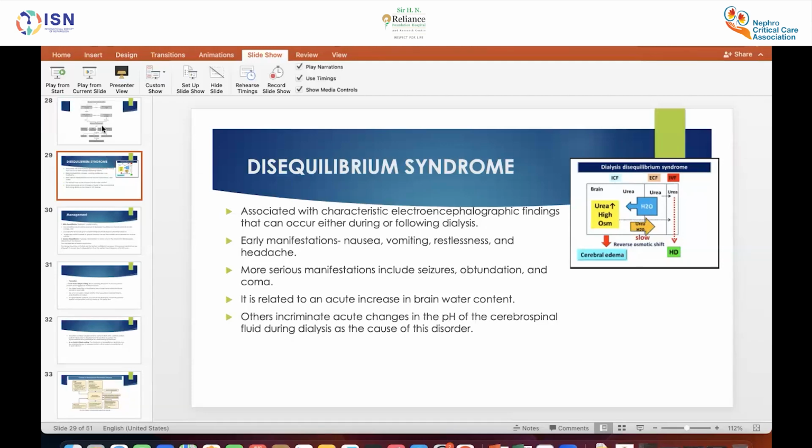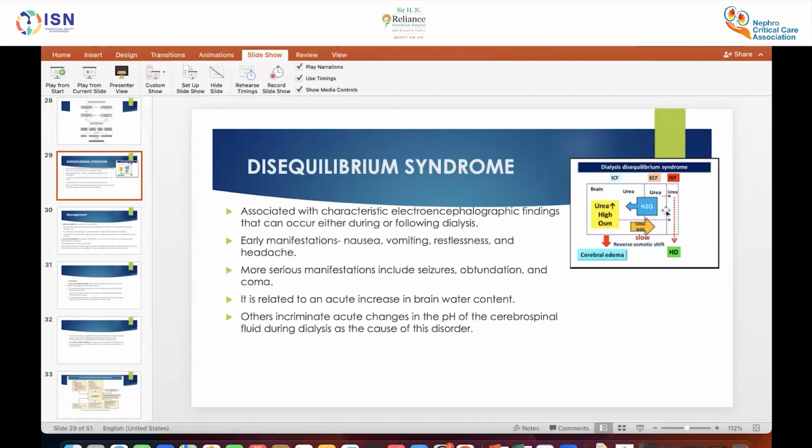I don't know whether my pointer, you can see. No, sir. I can do that. Yeah. That is the intracellular fluid. Just nearby is the extracellular fluid. The extracellular fluid has got two compartments: one is the interstitial compartment, the other one is the intravascular compartment.